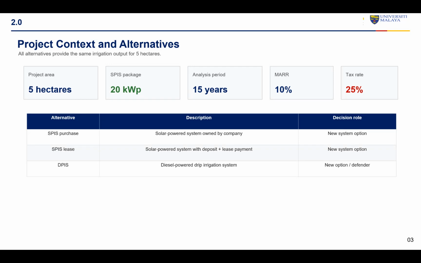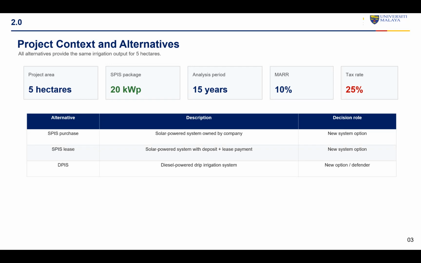This SPIS option is a 20 kilowatt peak stand-alone system, including PV panels, pumps, inverters, battery panels, boxes, storage tanks, pipes, and ground mounting. The DPIS option is a diesel-powered drip irrigation system. The analysis period is 15 years for all alternatives.